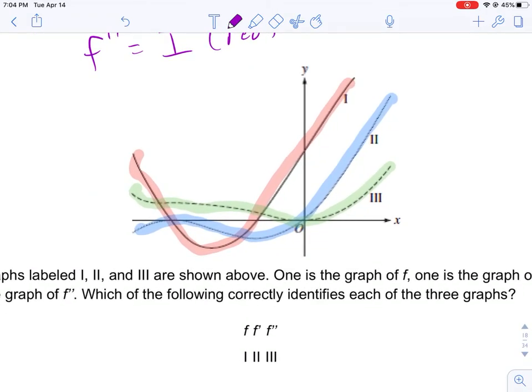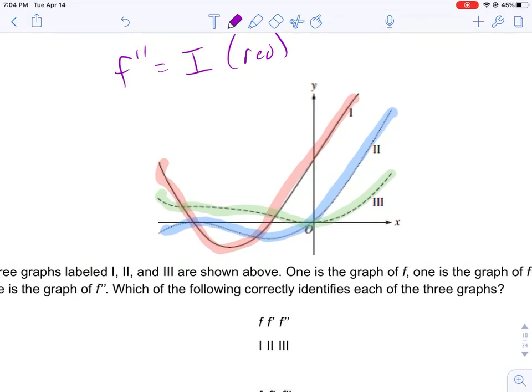And then one of these must be the derivative of the other. So let's see, green has a negative slope all the way to there, and blue is below the x-axis all the way to there. Okay, let's just double check. This has a positive slope and then a negative slope, and green is above the x-axis the whole time. So green cannot be the derivative graph of blue.